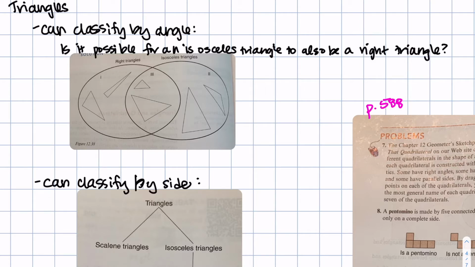So for isosceles triangles, we could equivalently say they have 2 angles that are the same size. And so it is possible for a triangle to be both a right triangle and an isosceles triangle. So in the intersection of this Venn diagram in the middle here, these are triangles that fit both.